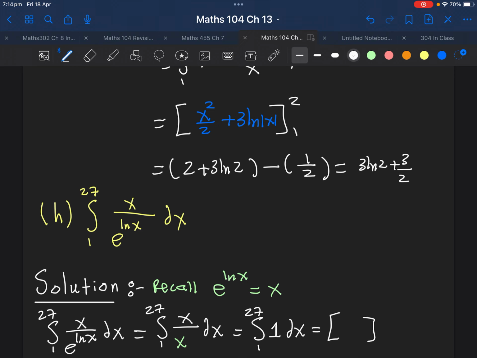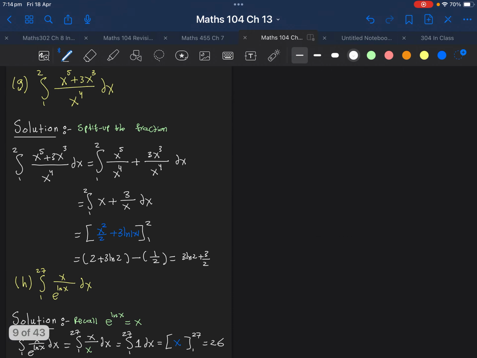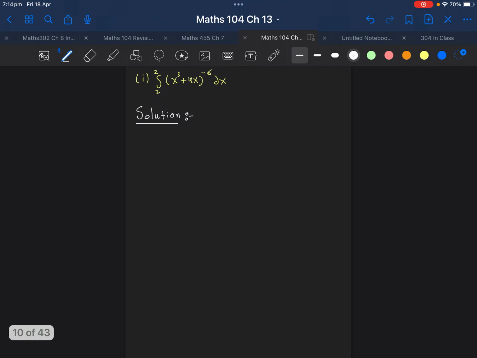What is the integral of 1, which is a constant? It's just x. And then once we substitute 27 and then we substitute 1, we get 26. That's part H.